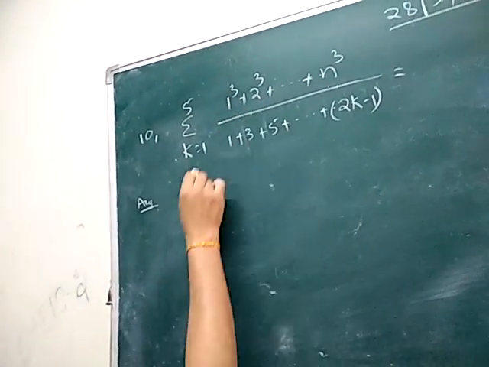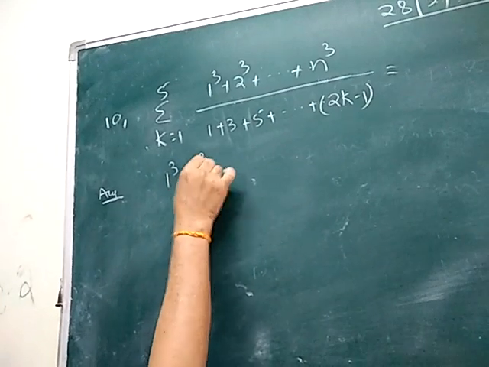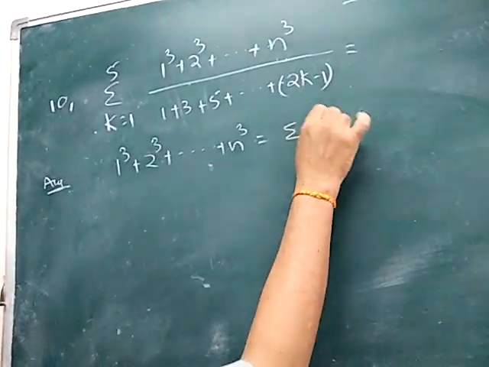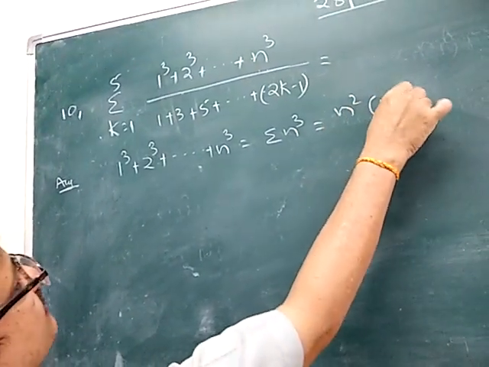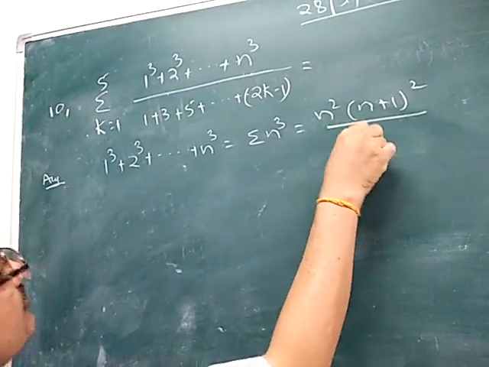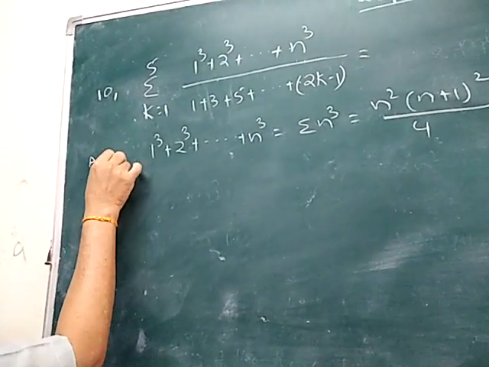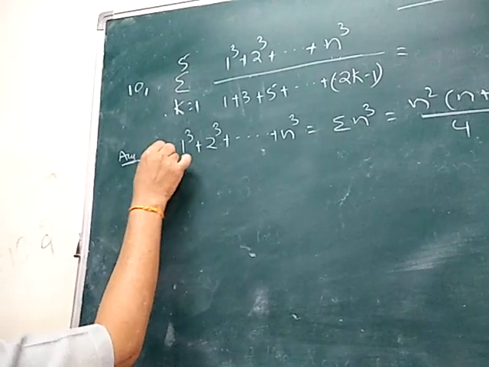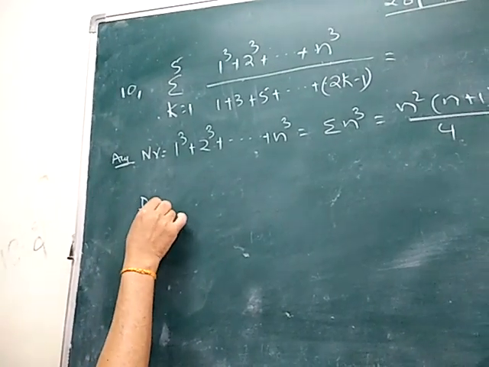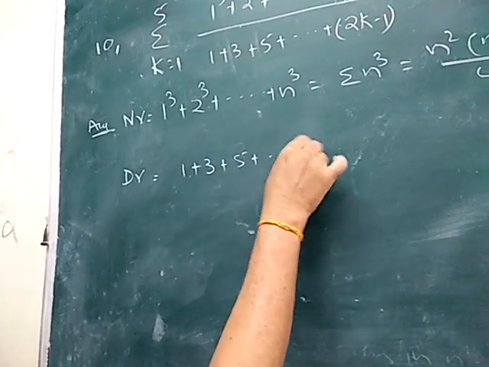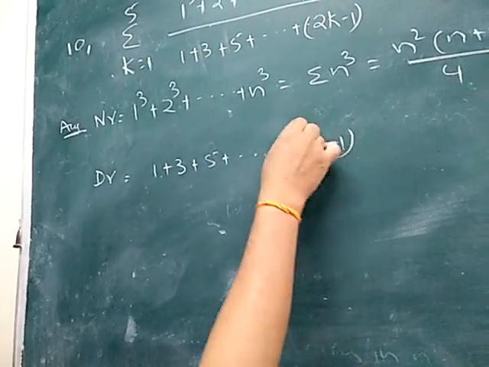In the numerator we know that 1 cube plus 2 cube plus so on plus n cube is sigma n cube, that is n square into n plus 1 whole square by 4. Next, in the denominator is 1 plus 3 plus 5 plus so on plus 2k minus 1.